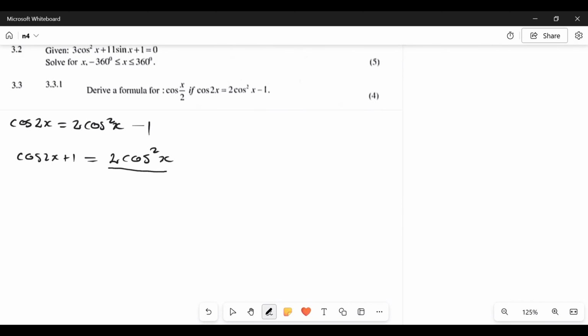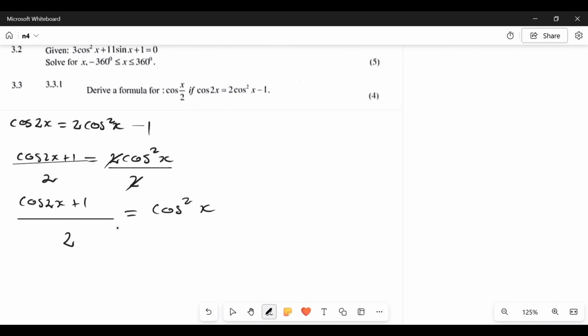If we divide by 2 throughout, this 2 and that 2 will divide each other. So on the left hand side we're going to be left with cos 2x plus 1 divided by 2. Let us not forget that. On the other side, we're going to be left with cos squared x.